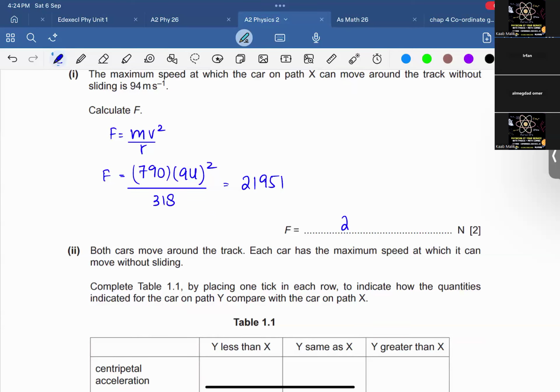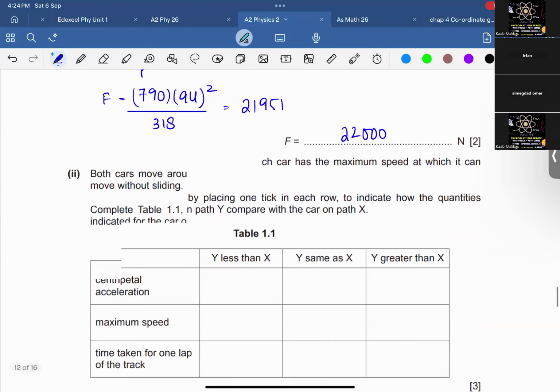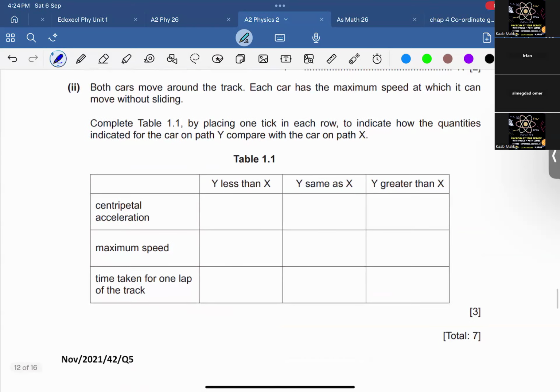So you can write this as 22,000. Okay, please move on.